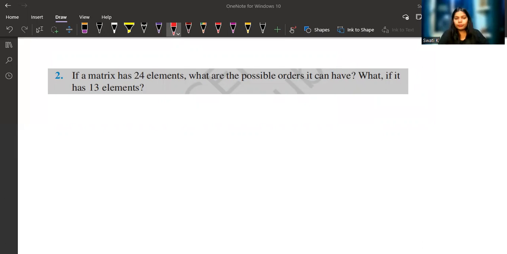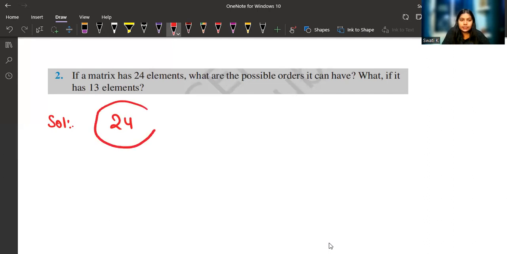Okay. So basically we know that if you have a matrix of the order m by n, that is m cross n, it will have how many elements? It will have m into n elements, right? So here we have 24 elements given. This 24 is basically m cross n, so this is the total number of elements.